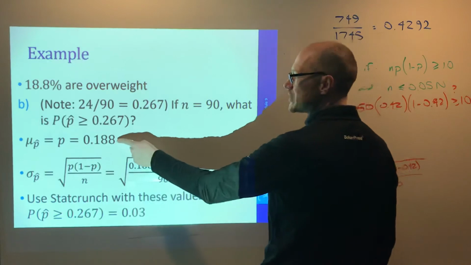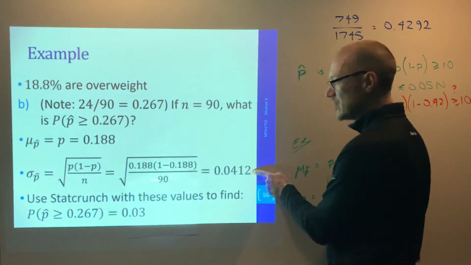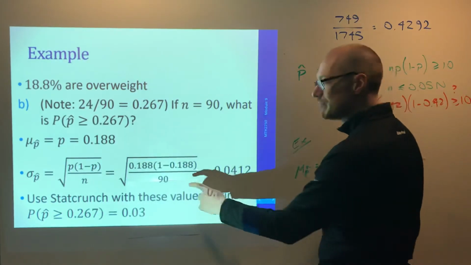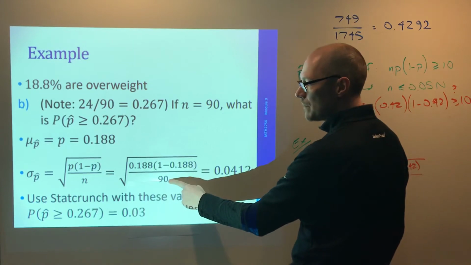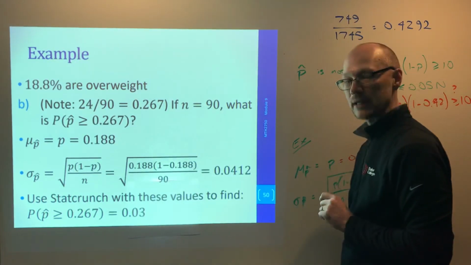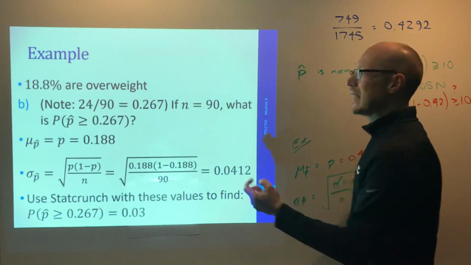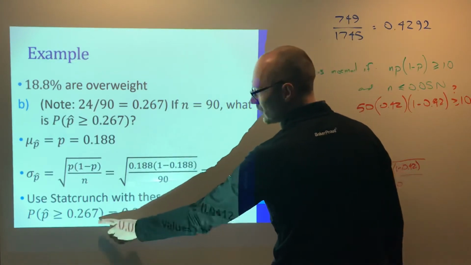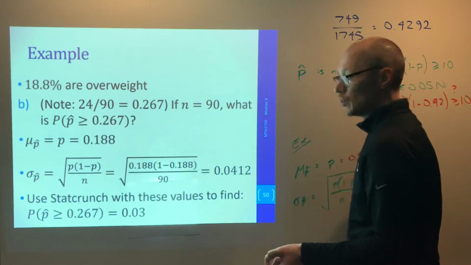We're still going to use the same mean and standard deviation as found, because that's based on the sample size and the proportion as stated in the population, right? But then I use the 0.267 with StatCrunch and find out that, wow, that's only a 0.03.